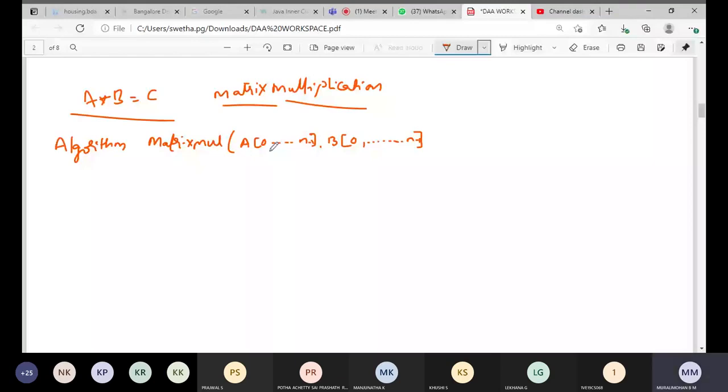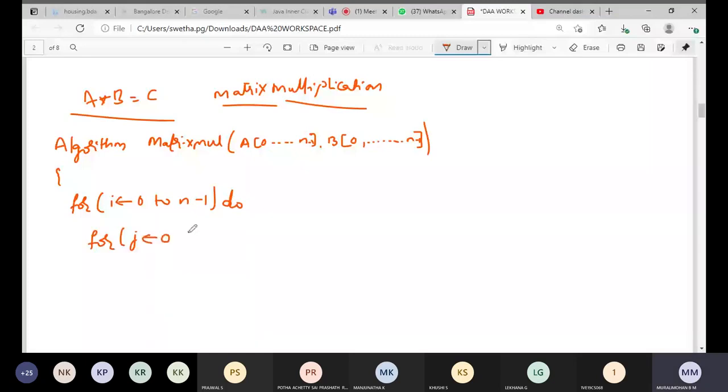Okay. Now simple. What is the logic to multiply two matrices? We will use for loops. For i equals 0 to n minus 1, again one more loop, for j equals 0 to n minus 1.